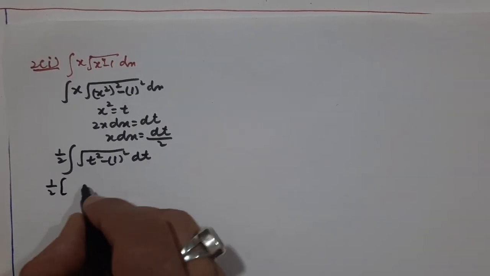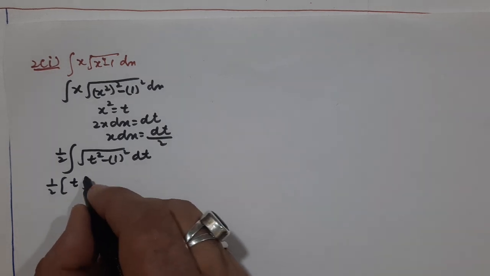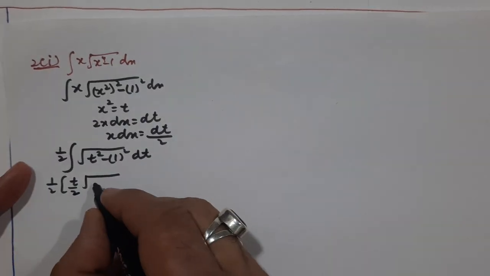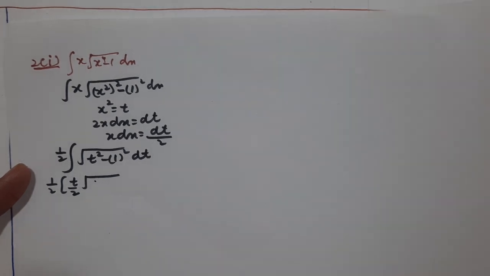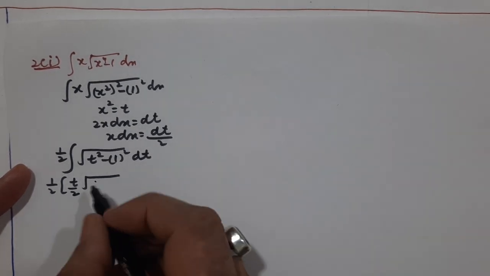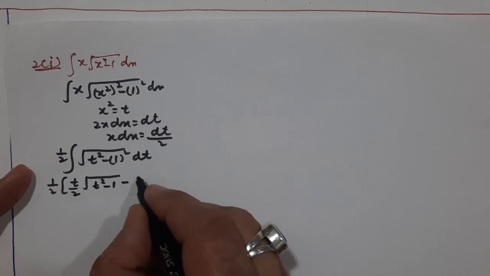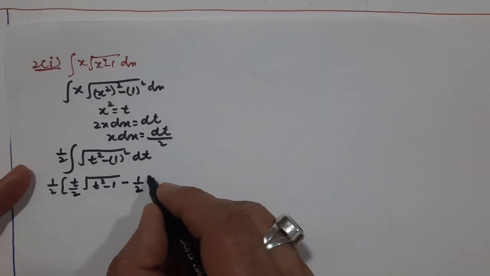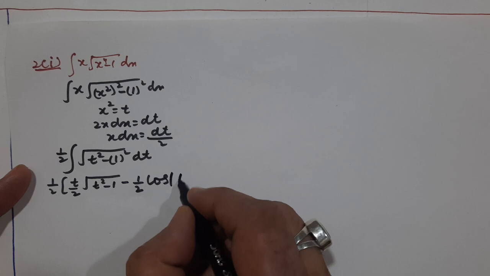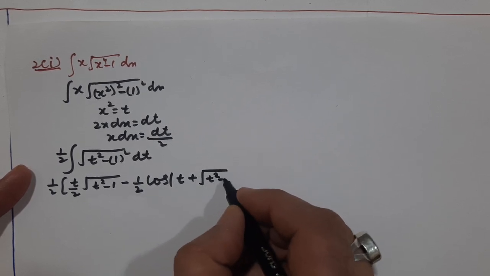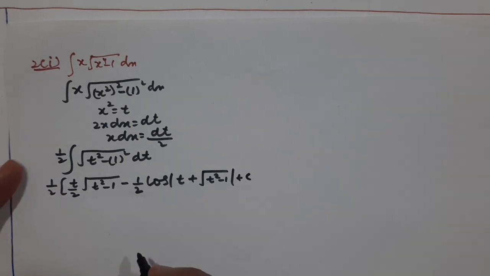So the formula is x upon 2, meaning t upon 2 under root t square minus 1, then minus a square upon 2 log t plus under root t square minus 1 plus c, like this.